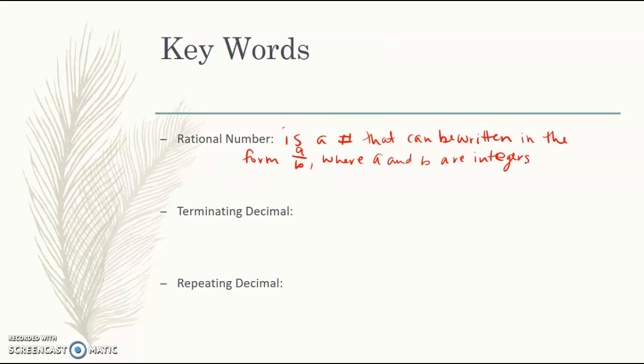And B does not equal 0. And B can't equal 0 because you can't divide something into 0 groups. That's why we can't divide by 0, and B is in our denominator.